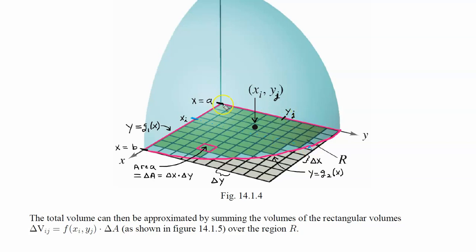So the y is going to run from g1 of x sub i up to this number on the y-axis, and that number is going to be g2 of x sub i. That's what the y is varying from, because we're initially thinking of holding the x sub i fixed. Okay, so that's where those limits of integration are coming from.